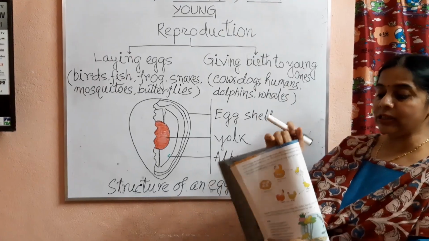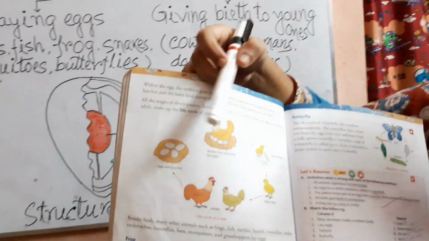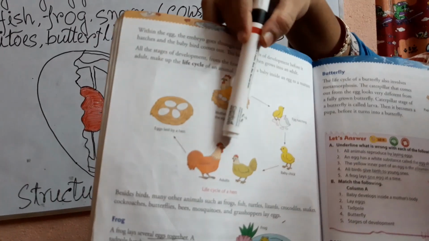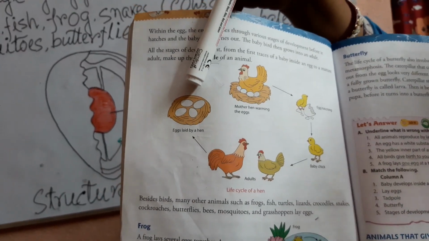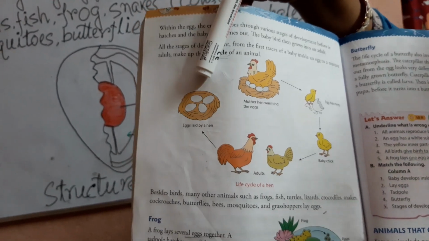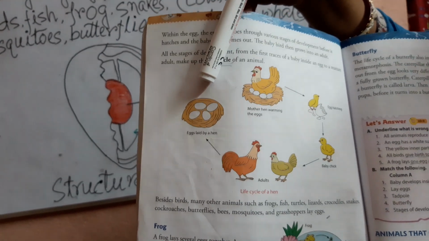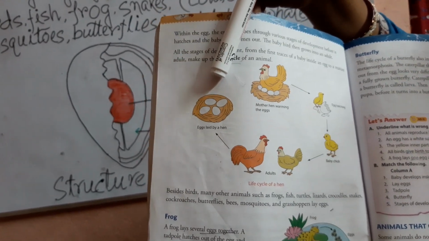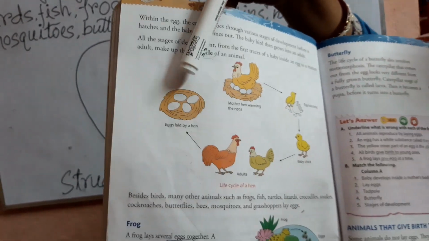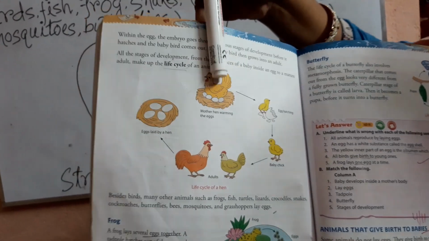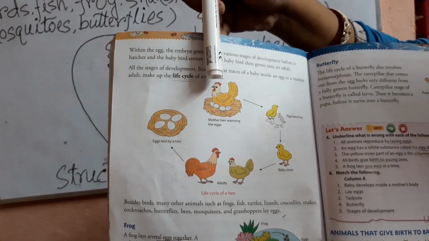You can see this picture in your book. Here you can see the adult birds, they lay eggs. Actually, most of the birds live on trees and they make nests to lay eggs and to take care of their babies in this nest. After laying the eggs, the mother bird sits on the eggs to keep them warm.